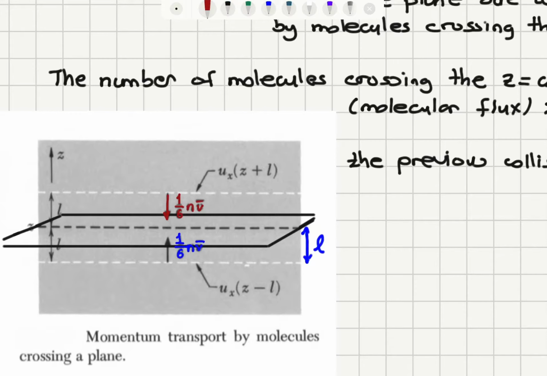If you look at a distance L from the plane, you can see that there was the last collision at z plus L, so they picked up a speed at z plus L. The velocity x component at z plus L is the same because on average there is no collision between z plus L and z.